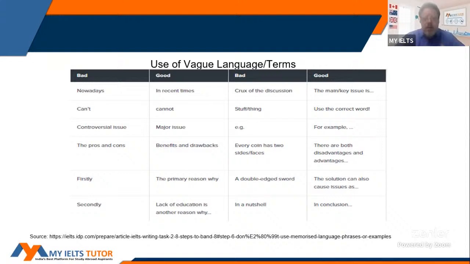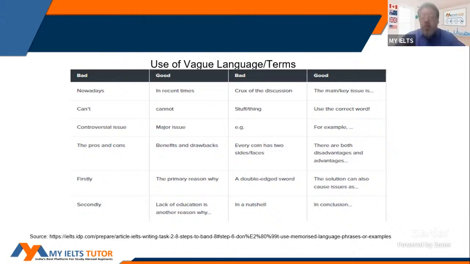And so just to show you some use of language, this is primarily use of vague language or terms. So "nowadays", in an informal letter, we can use that, but we want to avoid that in, say, your essay or a formal letter. "Crux of the discussion", we want to avoid that.